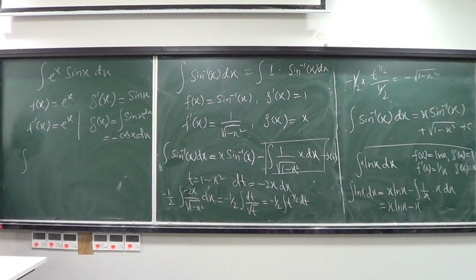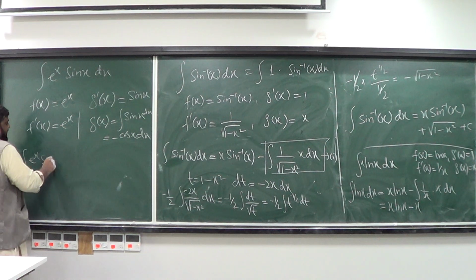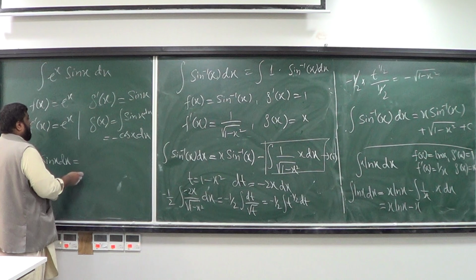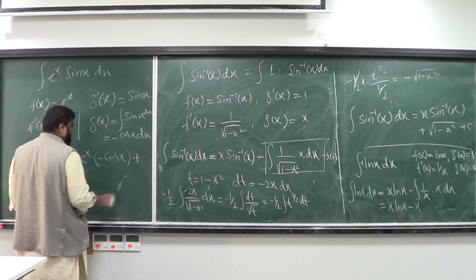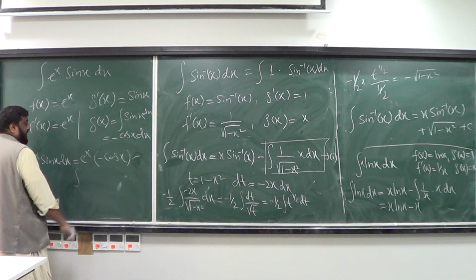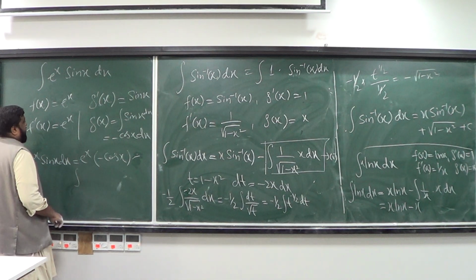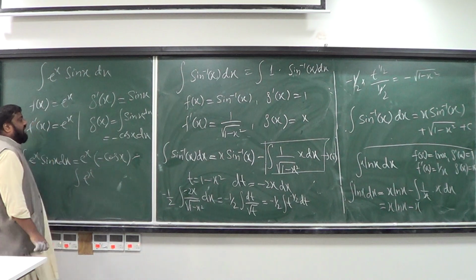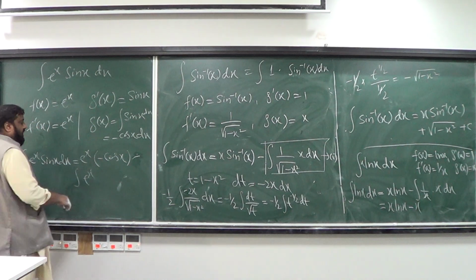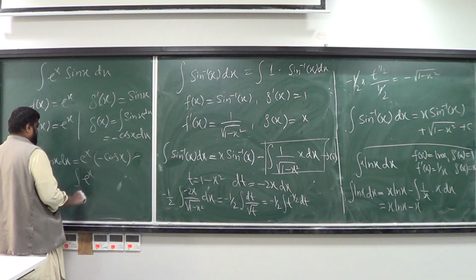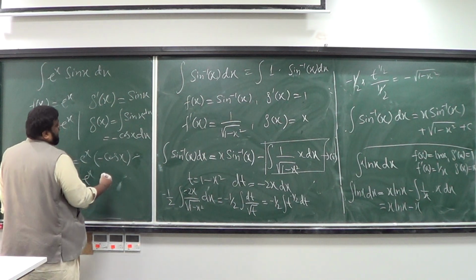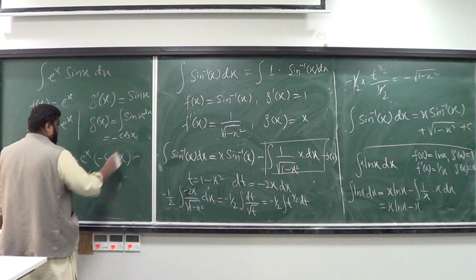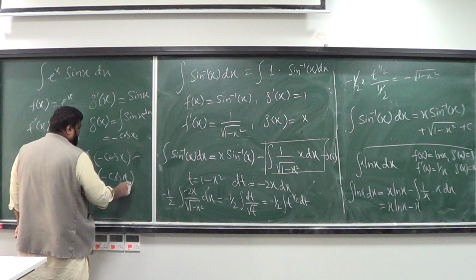So with this, what are you going to get? f of x, g prime of x, e to the x sine x dx is equal to f of x g of x, e to the x negative cosine x, minus, what are you going to get? f prime of x, which is e to the x, and g of x is going to be negative cosine x, dx.